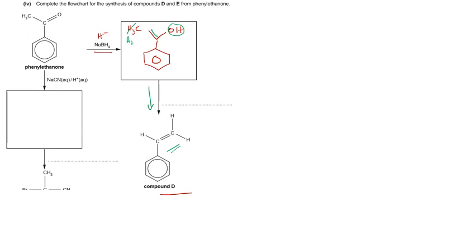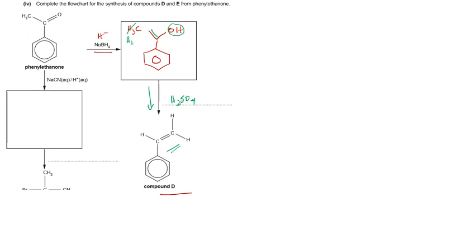So what do we need in order to do dehydration of a secondary alcohol? We need acid. So you could say H2SO4 acid, you could have said phosphoric acid, you could just say H plus or acid. Any of those get you the mark.